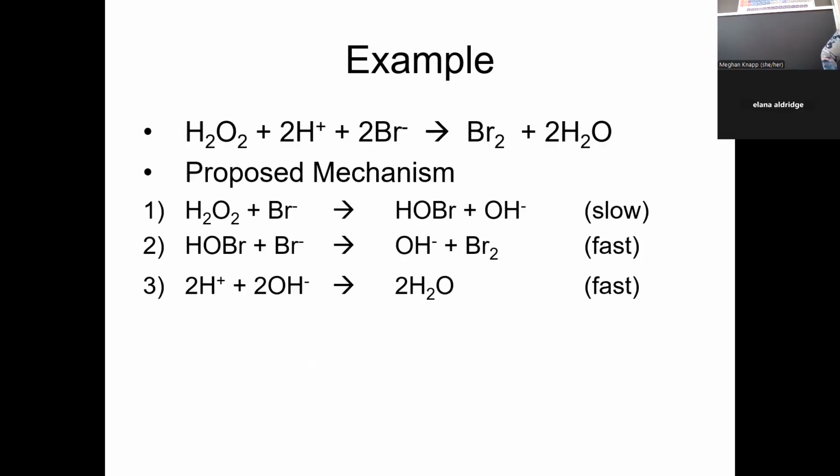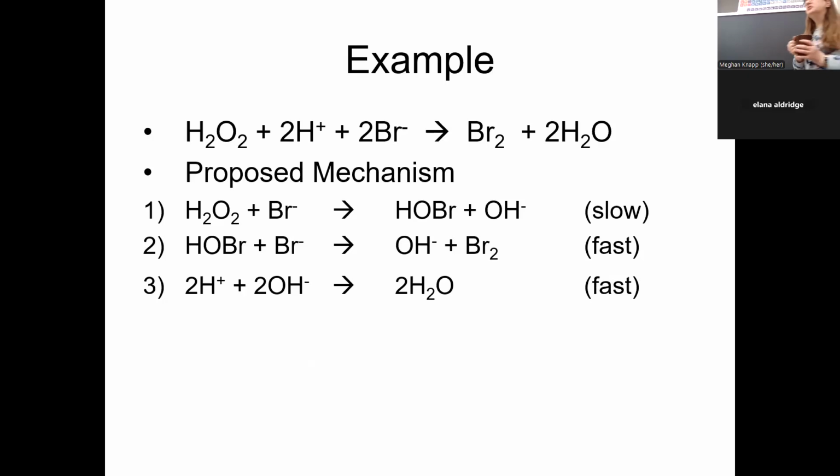If we are looking at this one, what are the intermediates in this? Remember, intermediates will appear first as products, but don't appear in the overall reaction. So look at the chemicals that are on the product side and see which ones don't appear in the overall reaction. The hydroxide, yeah.